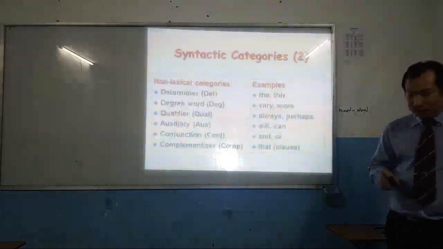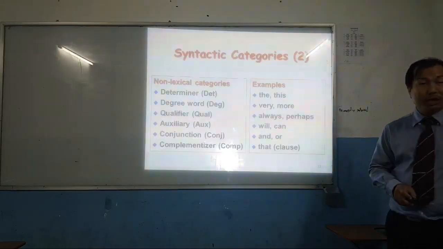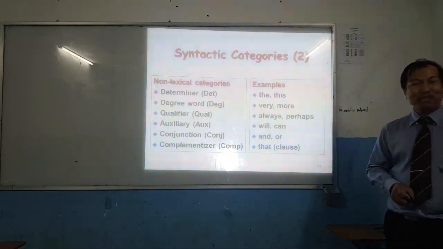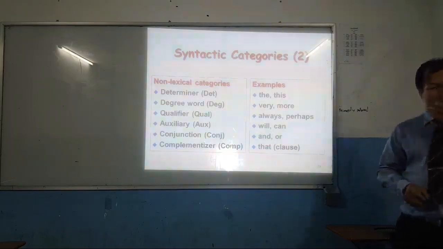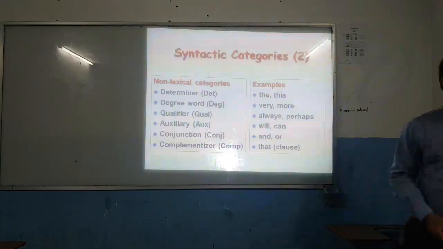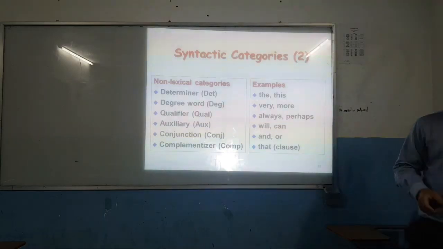Okay, and all of these are non-lexical categories, which include determiner, degree words, qualifier, auxiliary verb, conjunction, and complementizer. You may raise the question: how can we draw the tree diagram of a sentence with all these things? Step by step, don't worry, you will learn it step by step.